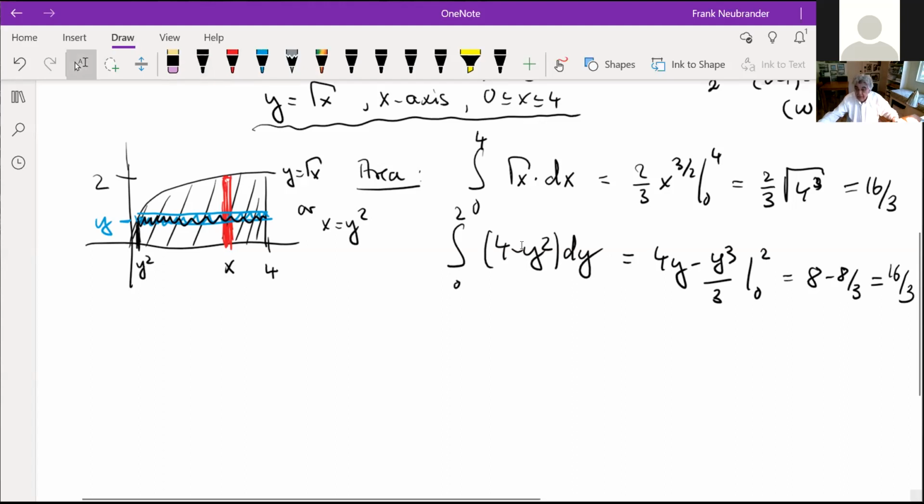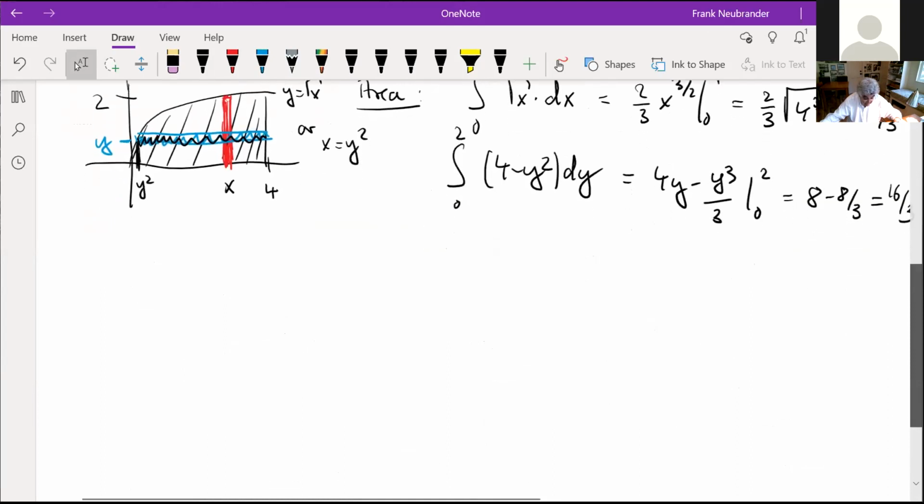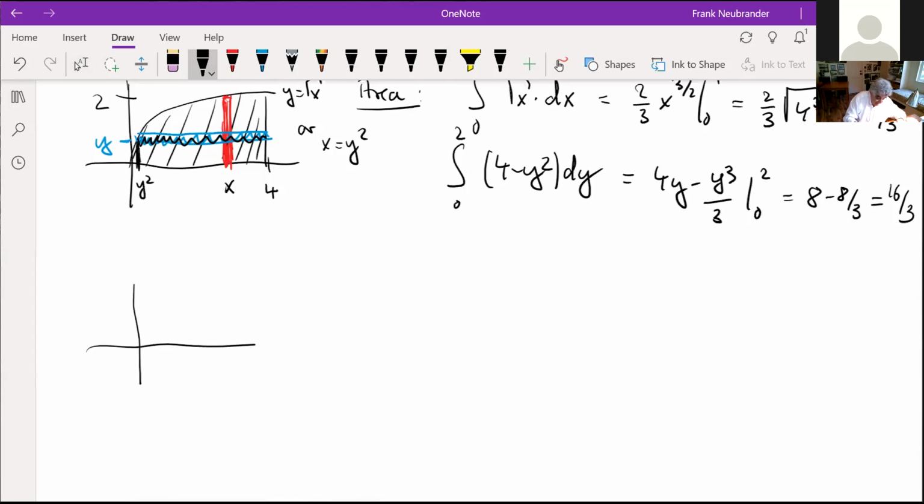And now what we are doing is rotating this area around a certain line, a certain axis, and I do this now completely arbitrary. So let me draw this again. So let me do first like this. So again, we have here our region.